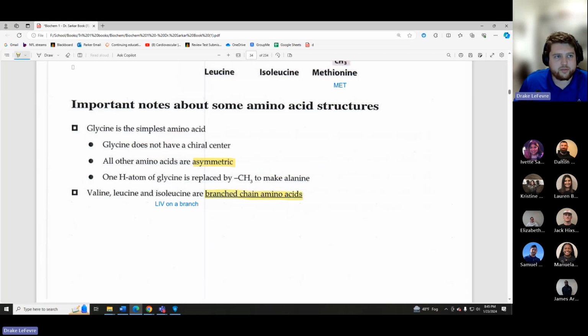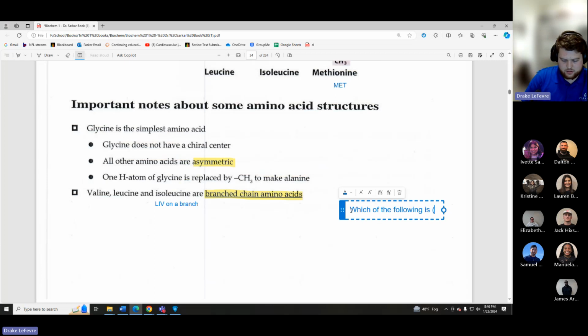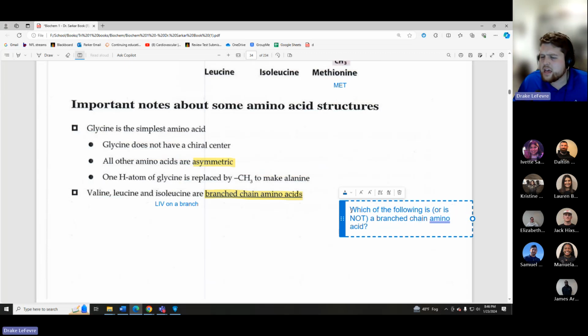Again, the exact same type of question: which of the following is or is not a branched chain amino acid. Make sure that you read to the very end of each of his questions. Look for words like "not."